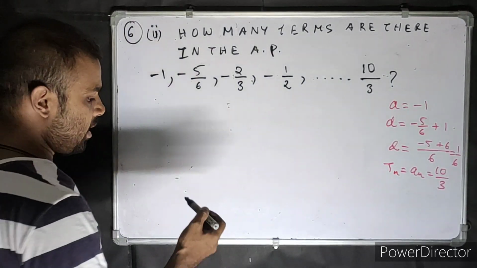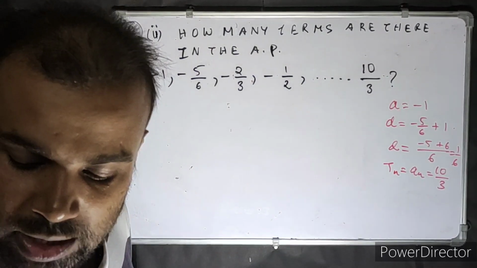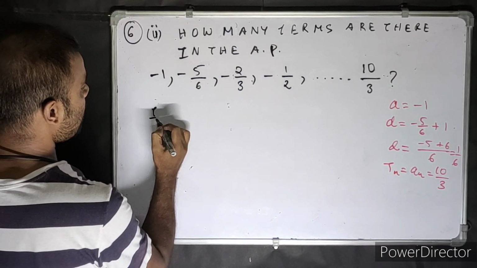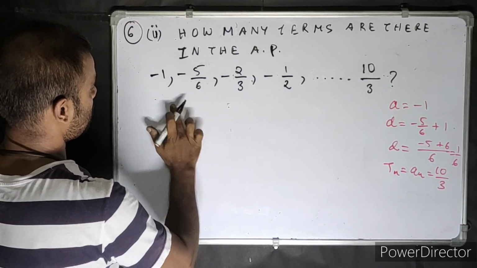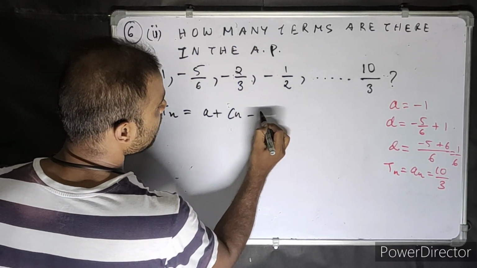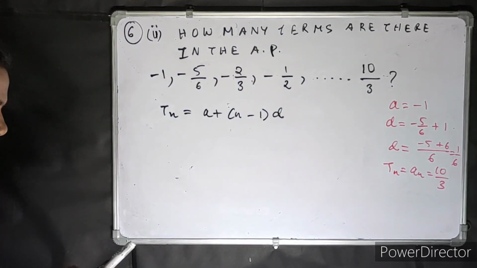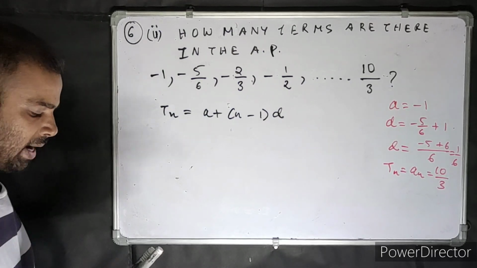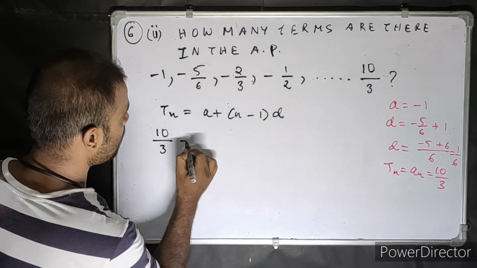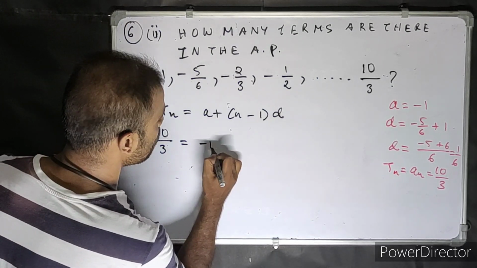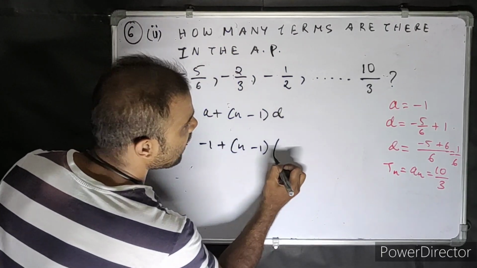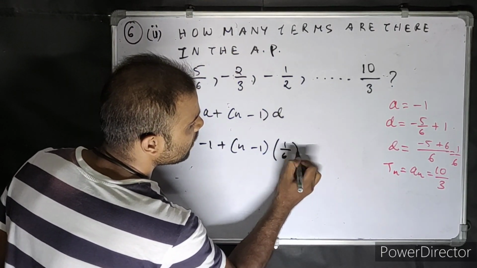So let's start solving the question. Tn is equal to A plus (n minus 1)D. Those of you who want to write An, please go ahead, doesn't matter. So 10 by 3 is equal to A, which is minus 1, plus (n minus 1), and your D is equal to 1 by 6.